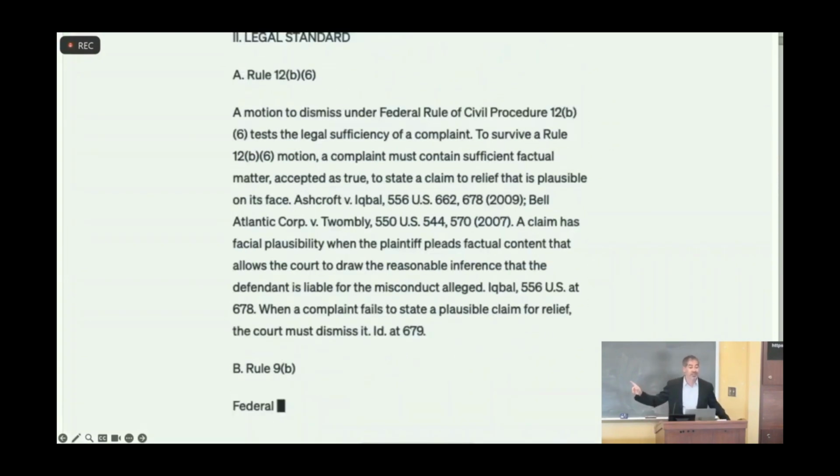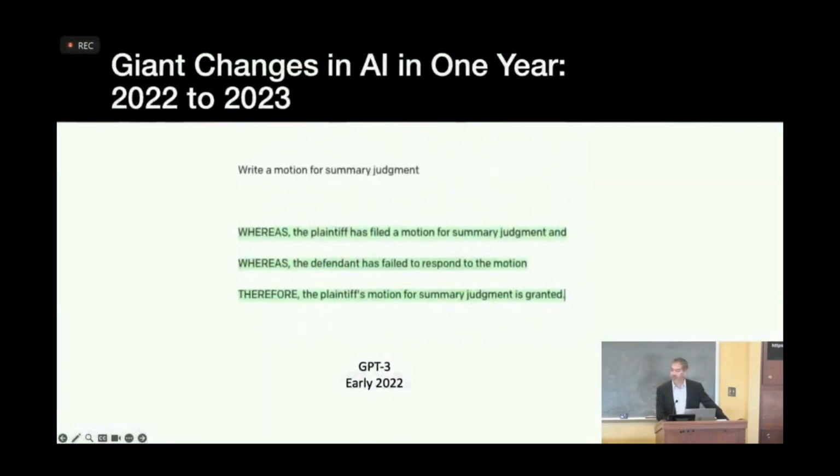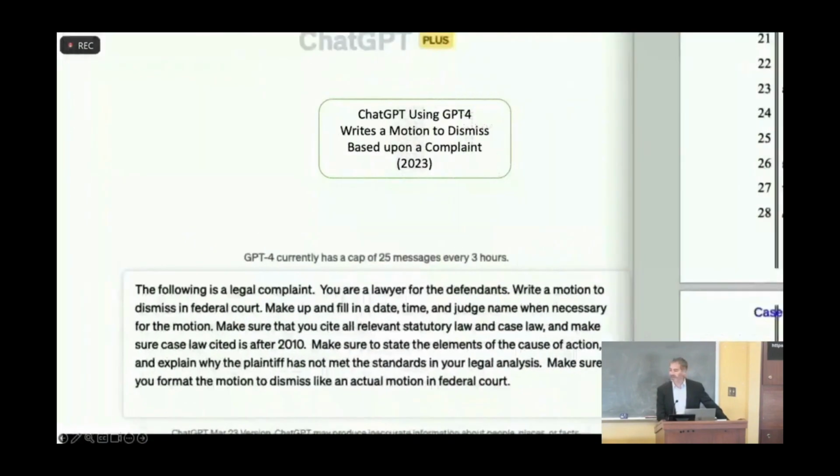You wouldn't want to turn this in directly to the judge, but nor in my experience would I want to turn in the first draft of an associate directly to the judge, right? I'd want to make sure that everything was okay. We'll see it does make mistakes, and we'll talk about that, but it is kind of amazing. And in 1 year, it went from this to that. This is what is shocking, I think, everybody.